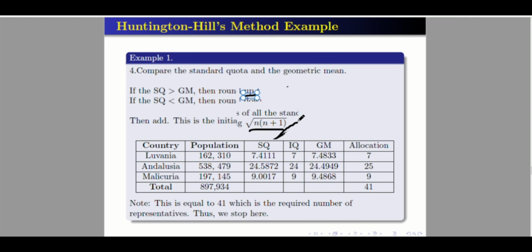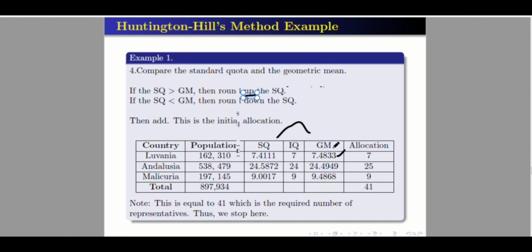Now, look at these two numbers, SQ and GM. For SQ, for Luvania, we have 7.4111. For geometric mean, we have 7.4833. So which is larger or bigger? Obviously, this is larger, the 7.4833. Now, according to this, it means that SQ is less than, right?